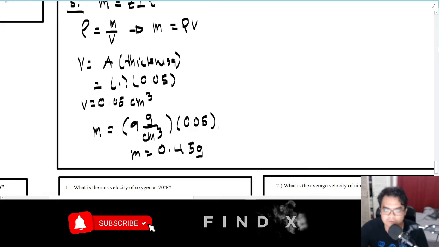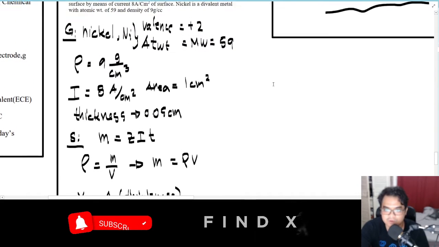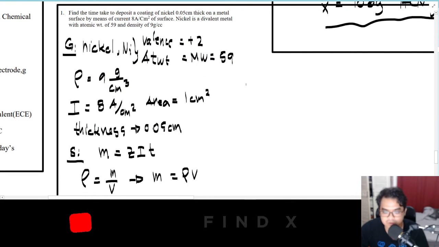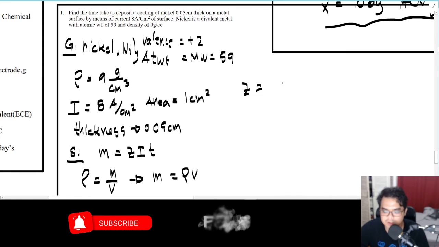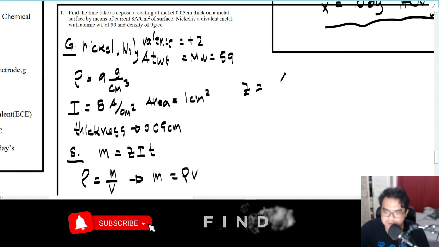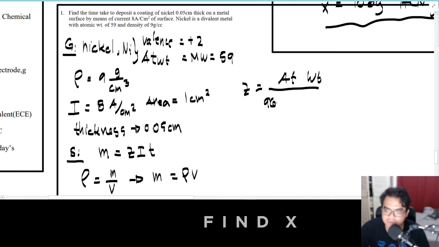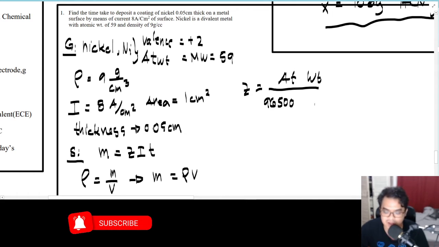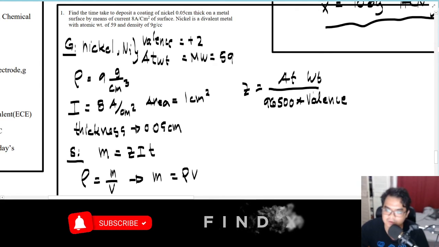So we already have the value for M. Let's try to compute the value of Z. Computing for the value of Z, we already have the formula for that, which is the atomic weight all over 96,500, which is the Faraday's constant, times the valence.